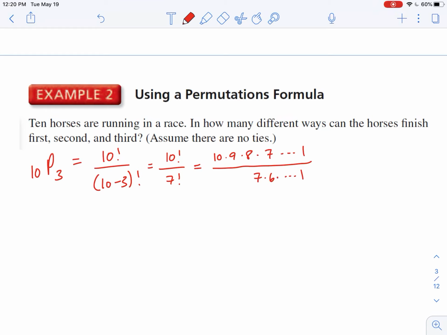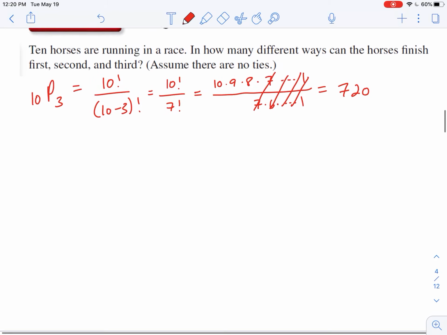But lo and behold, we have all of those same values in the denominator and the numerator. So we can just cancel all of this out. And what we're left with is 10 times 9 times 8, which is 720 different ways that 10 horses could finish in first, second, and third. So it's quite a good number of ways that could happen.